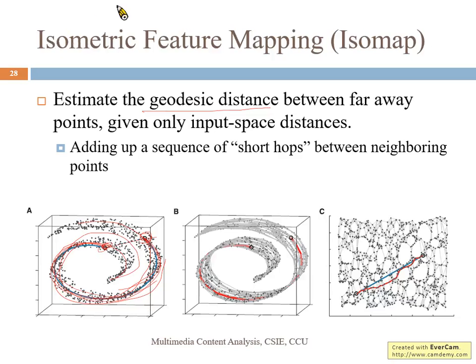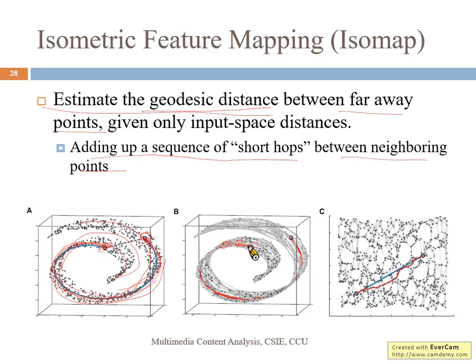But how can we estimate the geodesic distance between faraway points? The idea is we add up a sequence of short hops between neighboring points. That means we can only jump from this data point to its neighboring data point, and then we jump to the next neighboring data point, and so on.